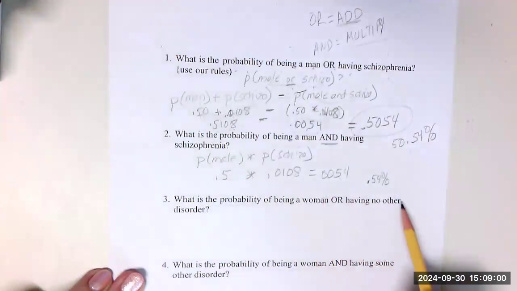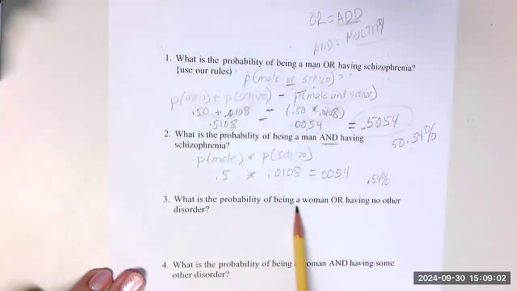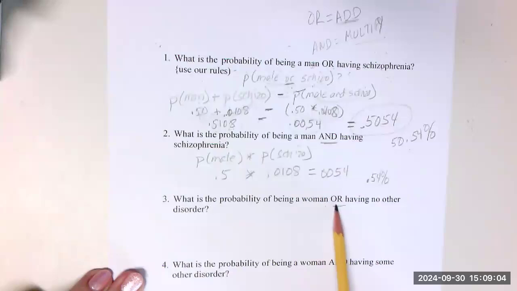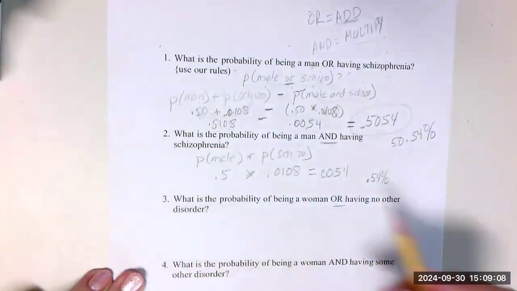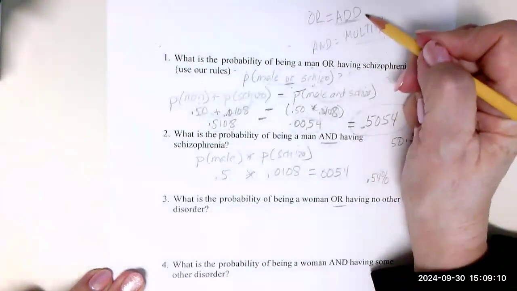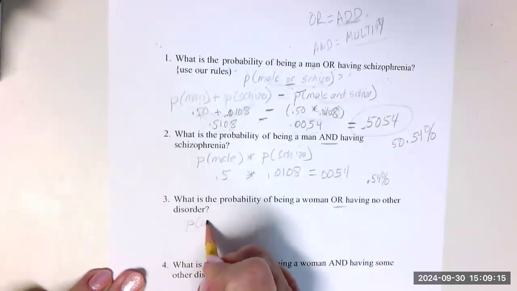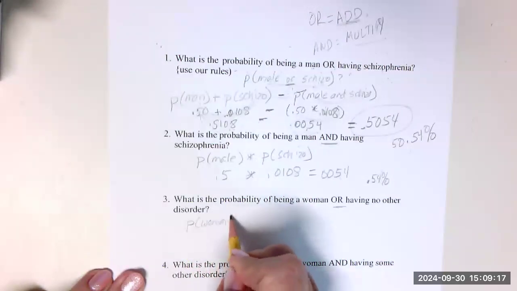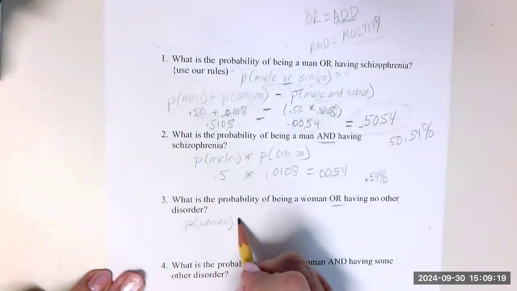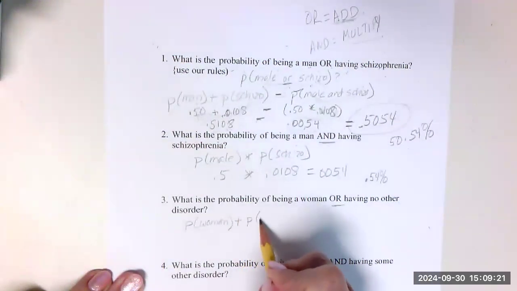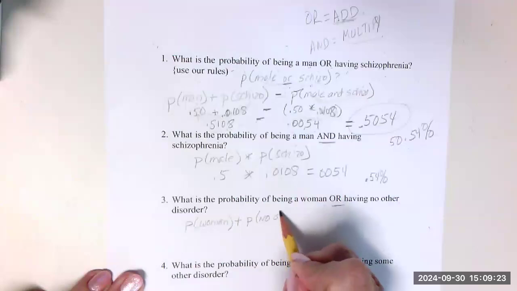male with schizophrenia, okay? What is the probability of being a woman or having no other psych disorder, okay? So, or what does that mean? That's the addition rule. So let's set it up. You're going to take the probability of being a woman. It's the addition rule. So you're going to add the probability of no other disorder.